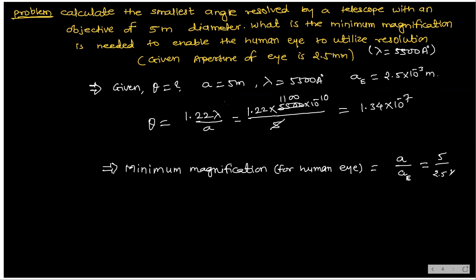This is 2.5 into 10 to the power -3. तो ये हो जाएगा 2 into 10 to the power 3. Yes, 2000. कितना आएगा ये, 2000 है ना? इजी क्वेश्चन है इसके ऊपर. Just this 2-3 formulas you just keep it in mind. Very easy. Easy problems are coming.